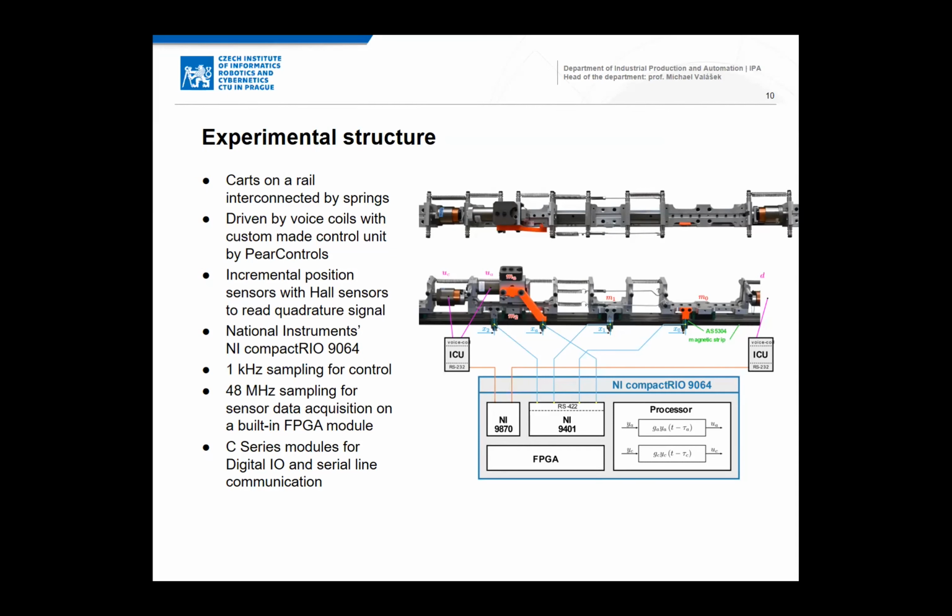So far, we built our experimental setup on which we verified our control scheme. It is composed of several mechanical carts. On each side, there are two base elements with brakes representing the fixed frame. Carts are interconnected by springs, and the whole setup is actuated by three voice coils, driven by a custom-made control unit.